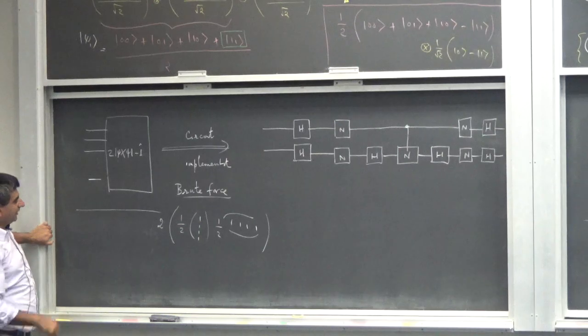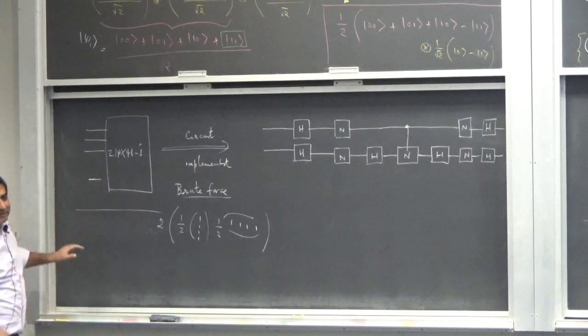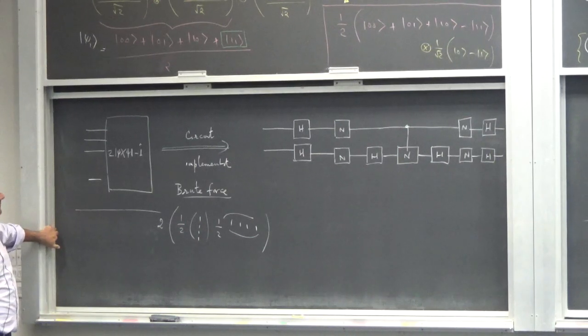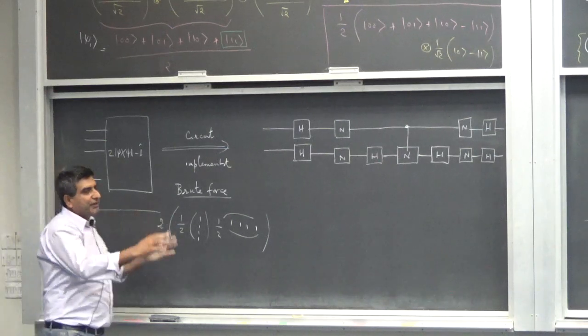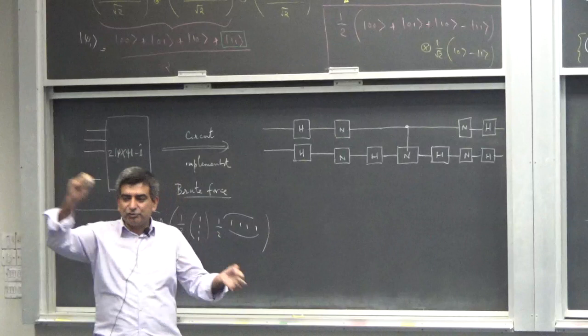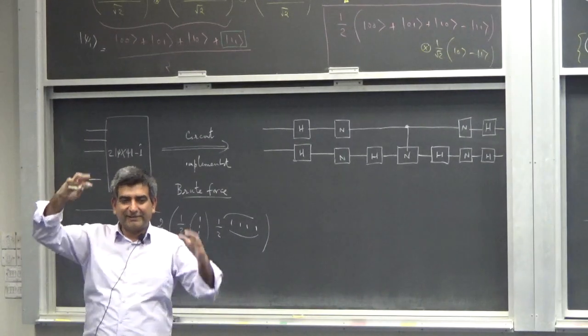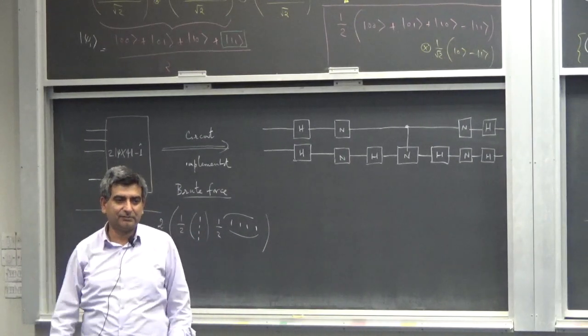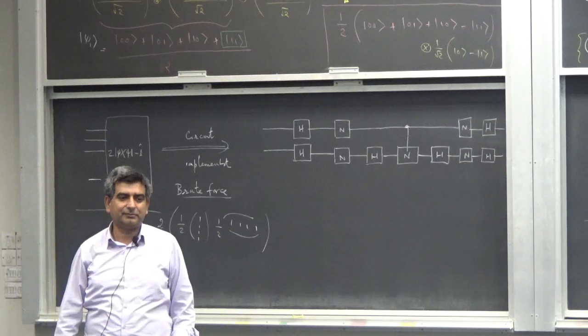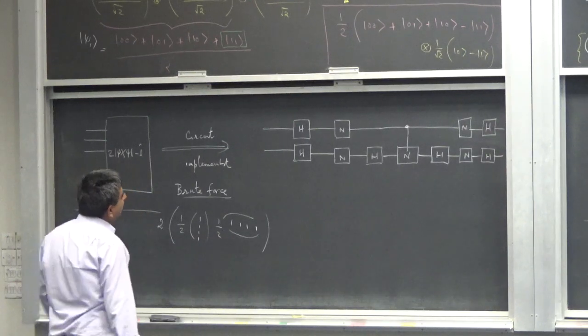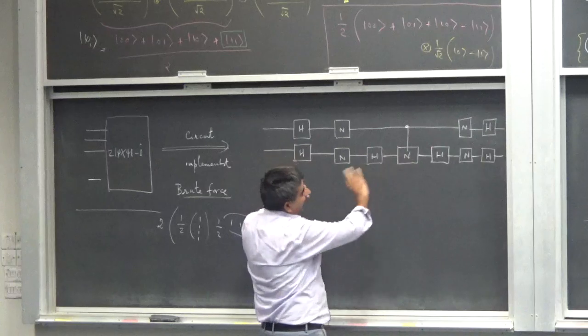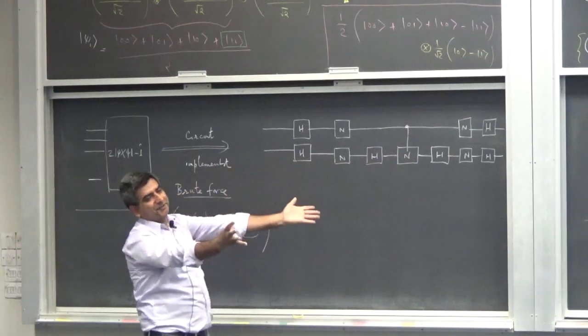Correct? So I think I will get halves everywhere. Then from this I subtract the identity. So I will eventually get a matrix that has zeros on the diagonal and is non-zero everywhere else. Right? So now I would like to build a combination of gates that has that unitary form.